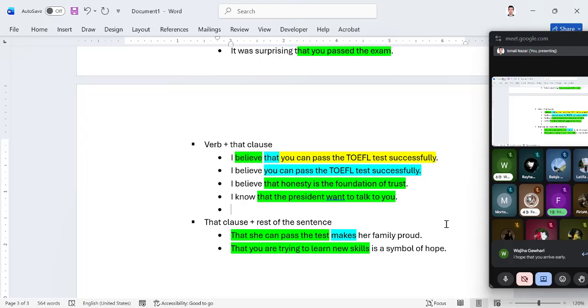Yeah. Okay, you can write your sentences in the comment chat box as well. I hope that you can achieve your goals. Thank you. Miss Faroghlika.